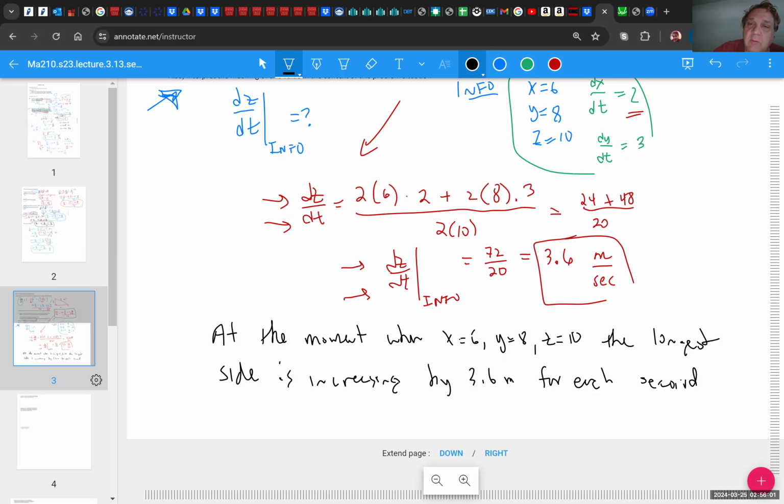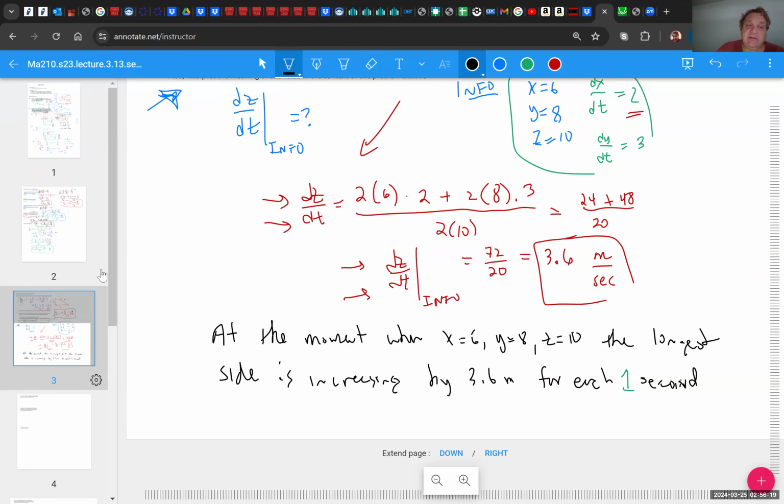And some people will write for each 1 second, and that's fine too. So you can say for each 1 second, or you could say for each second, because it's sort of implied it's 1 second if you just say second. So that would be an interpretation of this derivative value at that moment in time.